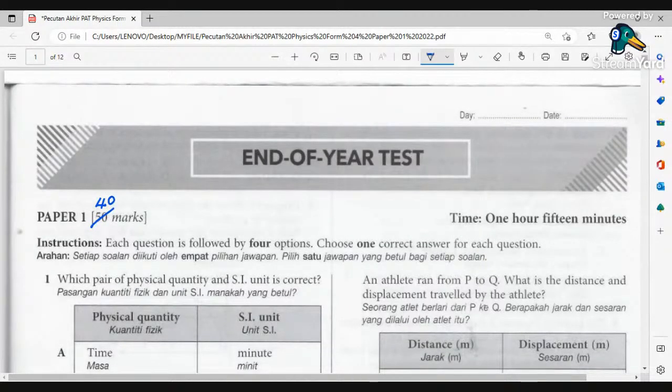But for this exercise, I just take one set, so this one still 50 marks, meaning 50 questions. For KSSM it is 40 questions. Same time provided, 1 hour 15 minutes.